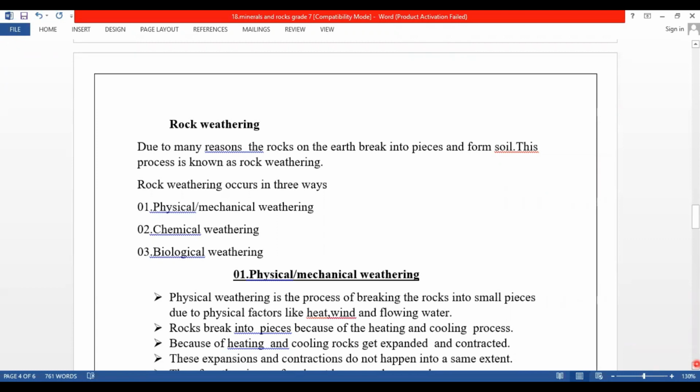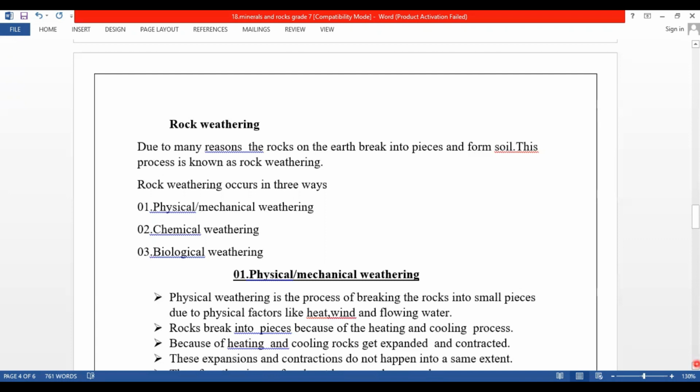Likewise, here the definition has been given: due to many reasons, the rocks on the earth break into pieces and form soil. This process is known as rock weathering. In the sedimentary rocks part, the igneous rock is not converting into soil, but weathering is happening in that situation also to convert the igneous rocks into sedimentary rocks.